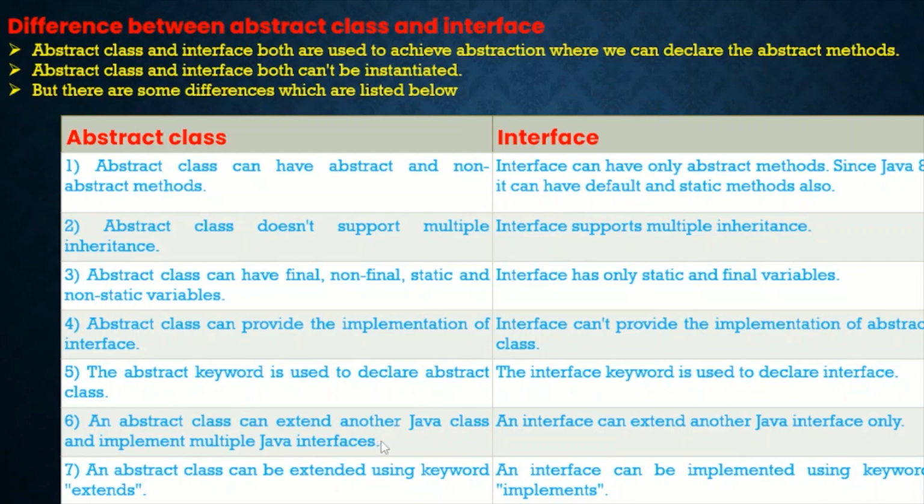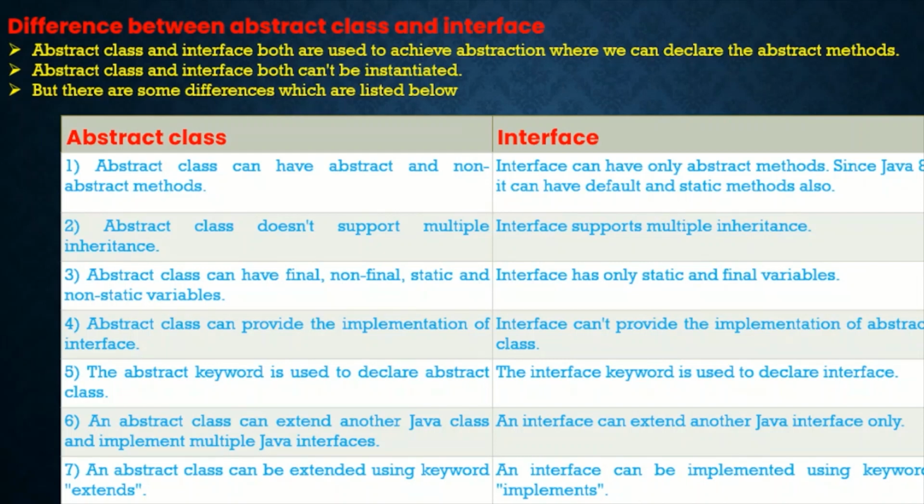A class, whether it is an abstract class or a normal class, can extend another Java class but can implement multiple interfaces. But an interface can extend another Java interface only, not a class. An interface can extend only an interface. An abstract class is extended using the keyword extends, and an interface is implemented using the keyword implements. I have already discussed this.